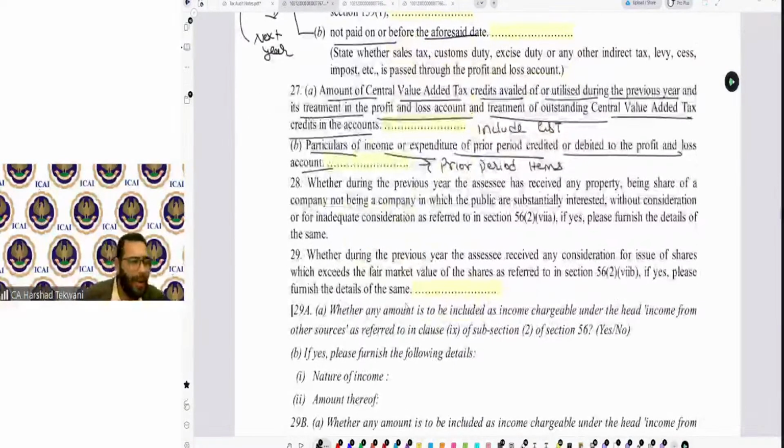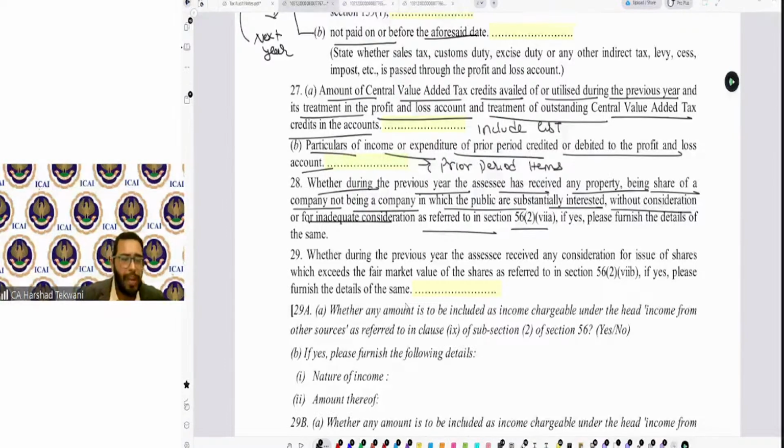Then clause 28 talks about whether during any previous year the assessee has received any property, being shares of a company not being a company in which public are substantially interested, without consideration or for inadequate consideration, as referred in section 56(2)(vii)(c). And if yes, then furnish the details of the same.